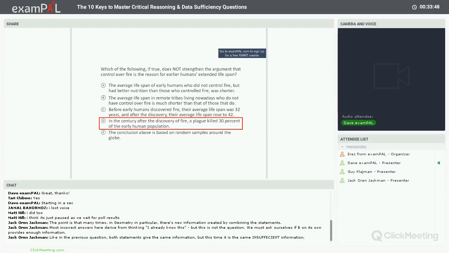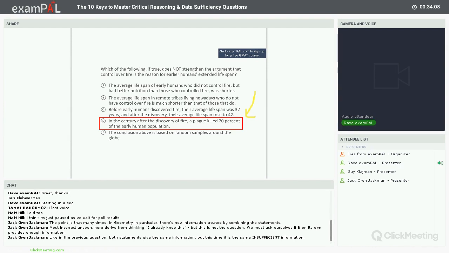And again, don't worry, you'll be able to go over it later. So we are asked here, which does not strengthen the argument that control over fire is the reason for the extended lifespan? So the most common mistake in this question comes from what we've marked here, misunderstanding answer choice D.